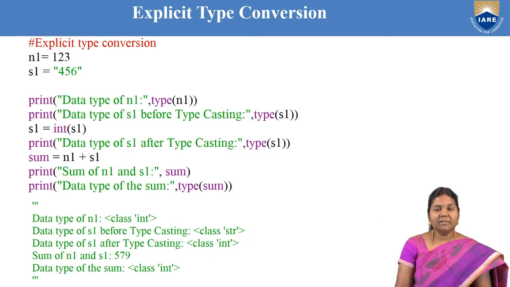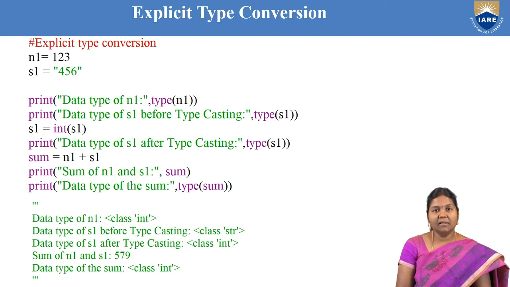Now, the first program under explicit type conversion is the earlier program we discussed, where we try to add an integer with a string. In implicit type conversion, you learned that these two types of data are mismatching and cannot be converted.